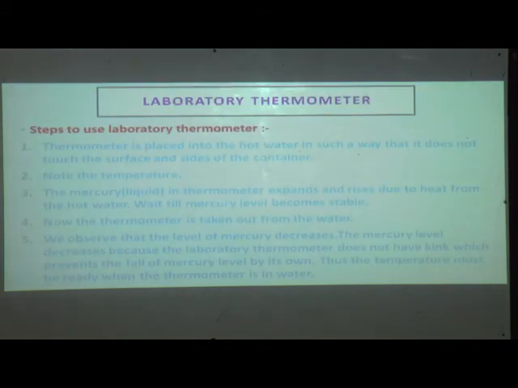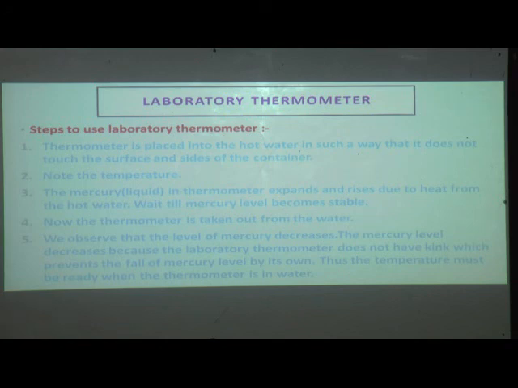So how do we use this laboratory thermometer? Some steps are given here. First, the thermometer is placed into the hot water in such a way that it does not touch the surface and sides of the container.